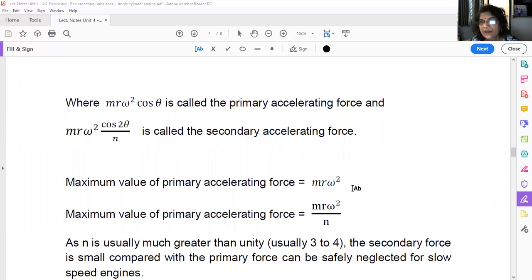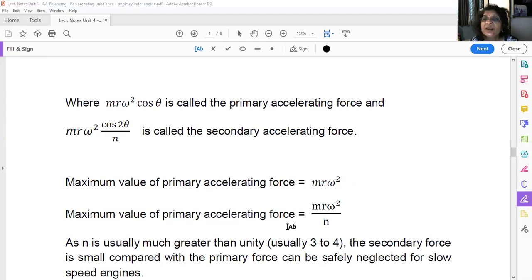Now if you compare these two values, which will be smaller? Naturally the secondary force, because it is divided by n. What is n? It is the obliquity ratio, the ratio of the length of the connecting rod to the length of the crank, that is L upon R, and it usually falls between 3 and 4. So the primary force magnitude is larger, almost 3 to 4 times the secondary force.